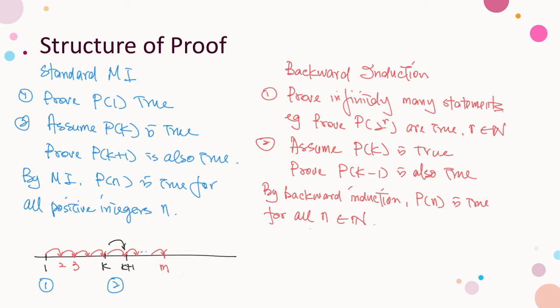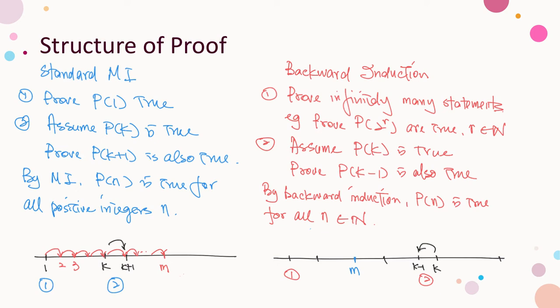Again, I use a diagram to illustrate the ideas. The initial step involves infinitely many statements. The induction step induces backwardly. Suppose we want to check P of M, and M is here.